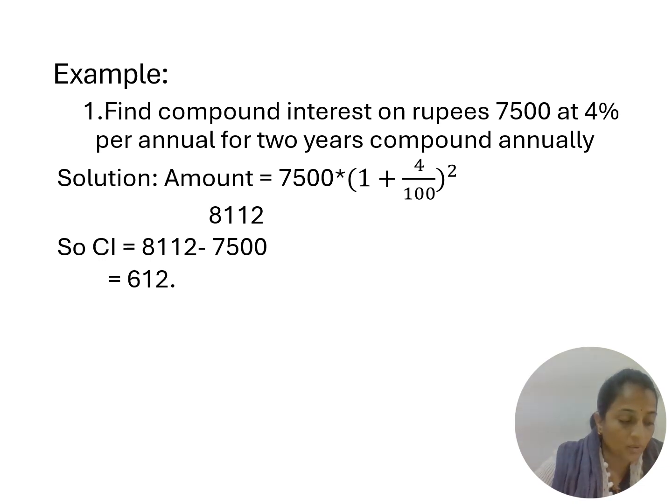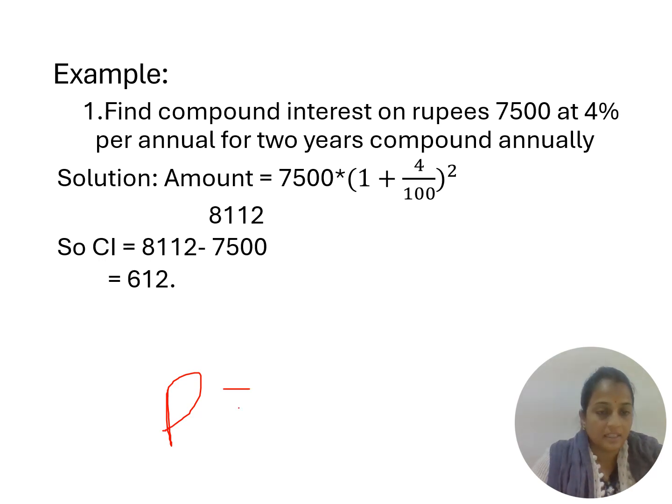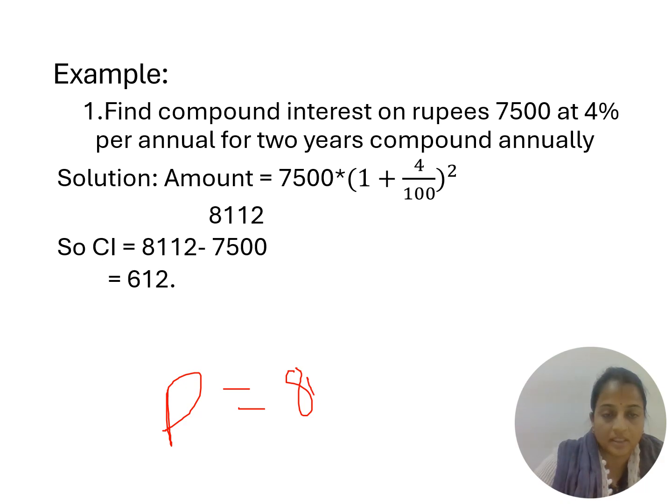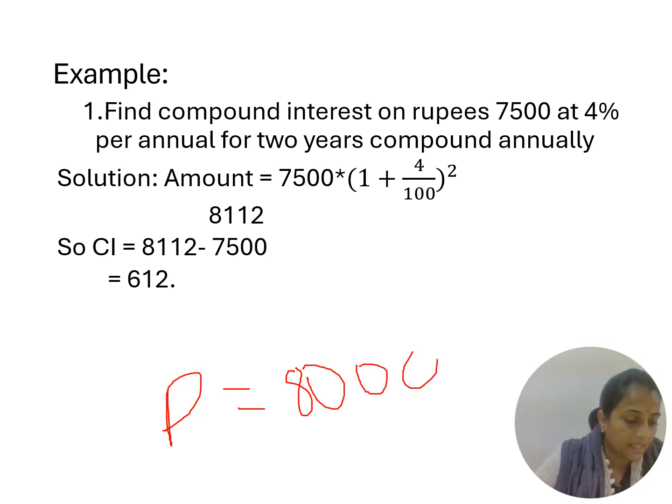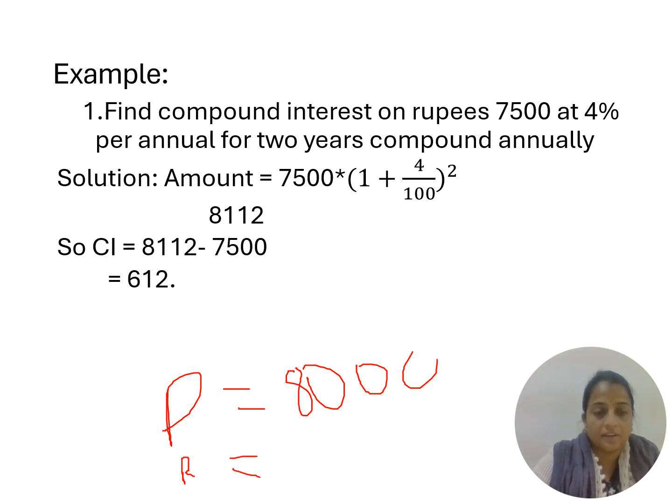Here the principal amount is 8000, the rate is given as 15%, and time is given as 2 years 4 months.